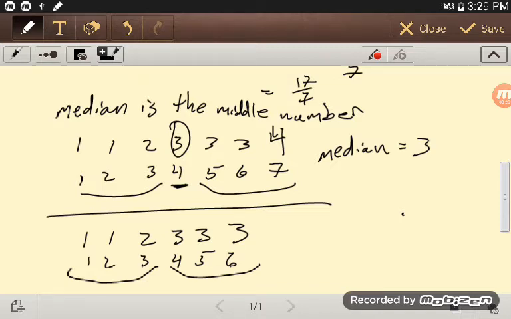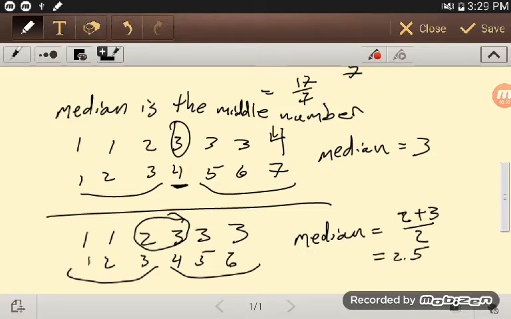So what you do then is you take those 2 numbers that are closest, that are next to each other, and they're at the middle. Then, in that case, the median is the average of those 2 numbers. So 2 plus 3 over 2, or 2.5, or 5 halves.